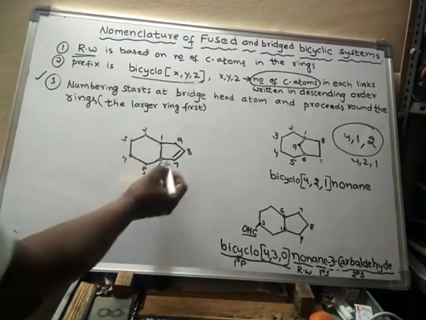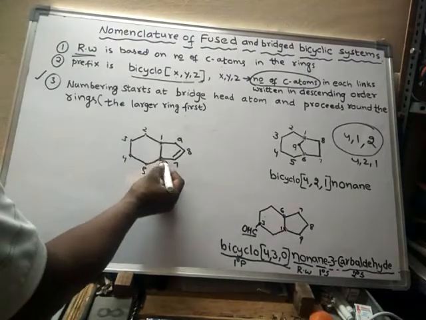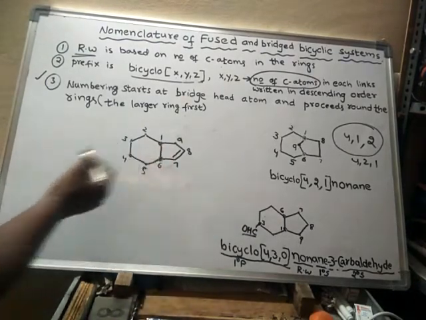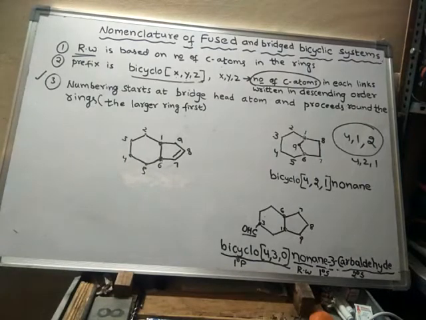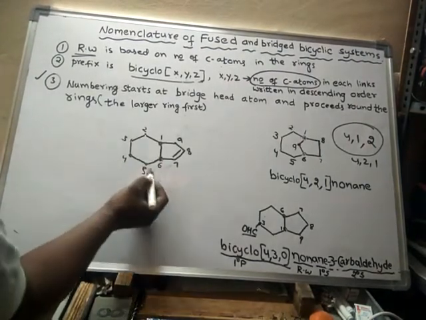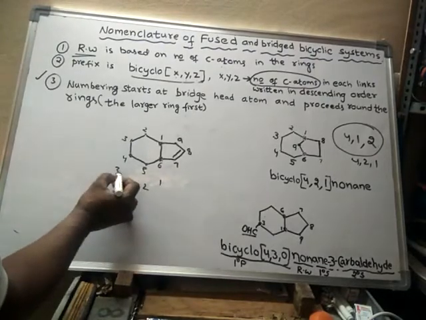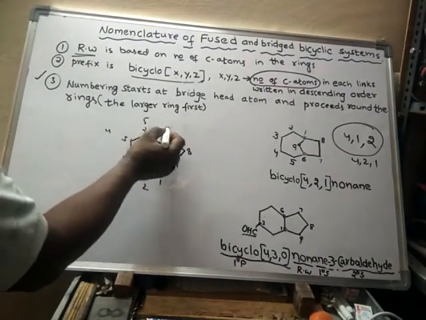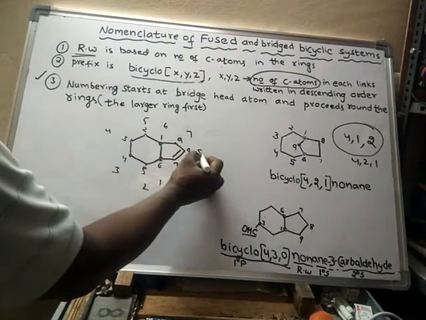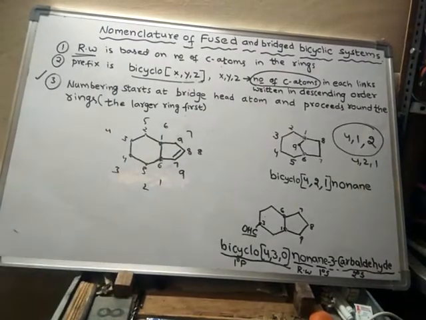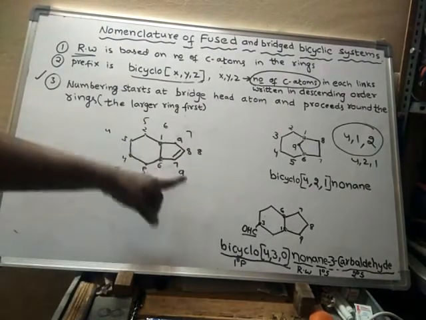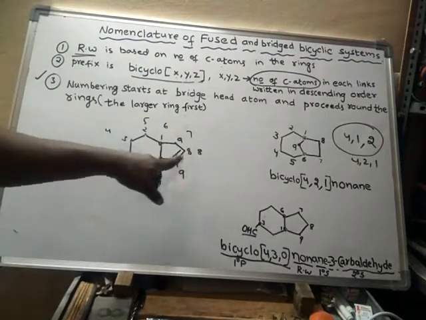Okay, so remember that the direction of numbering in the larger ring also should be given. So here we should not give numbering in this way: 1, 2, 3, 4, 5, 6, 7, 8, 9. If you give numbering in the outer fashion, then the 8th carbon will get the double bond.